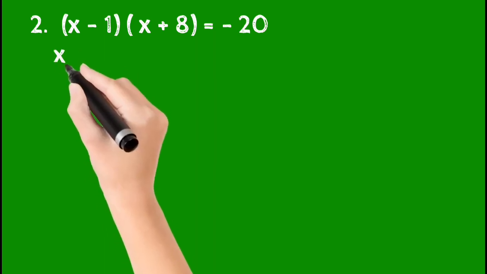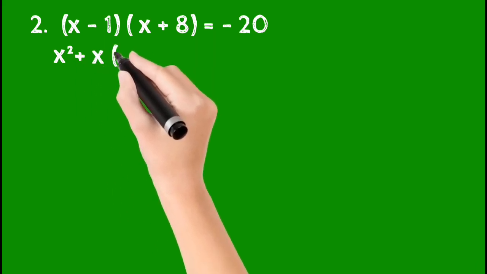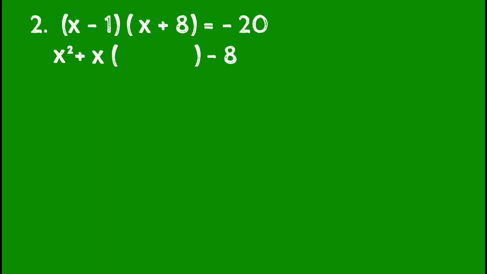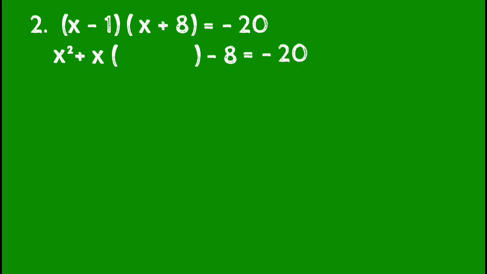Let's do that. So we're going to have x times x, x squared, plus x open bracket minus 8, because it's minus 1 times 8, which will give us minus 8. All of that is equal to minus 20. The middle term, how we're going to generate it, remember what we said?